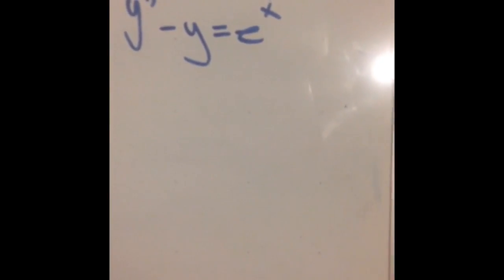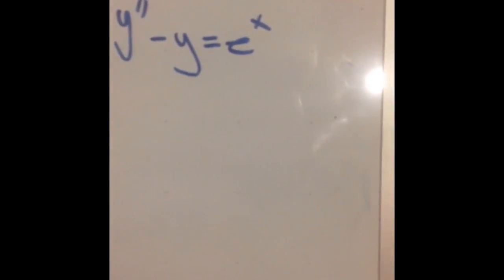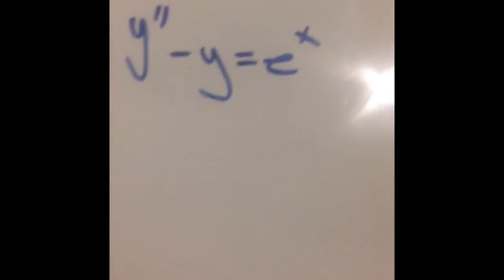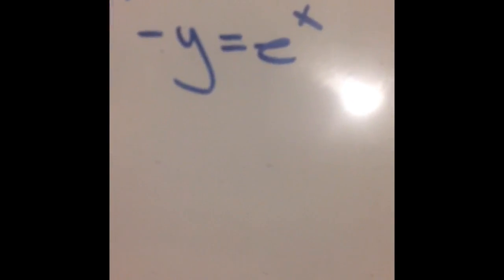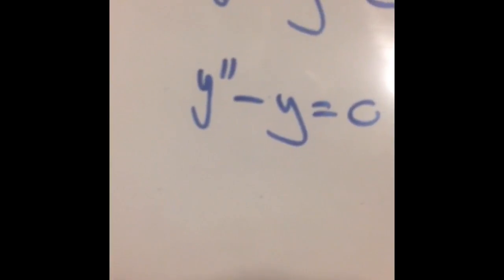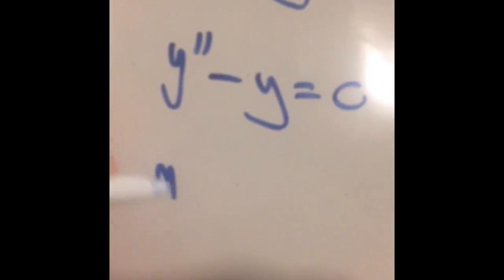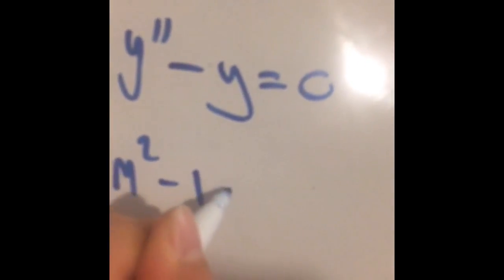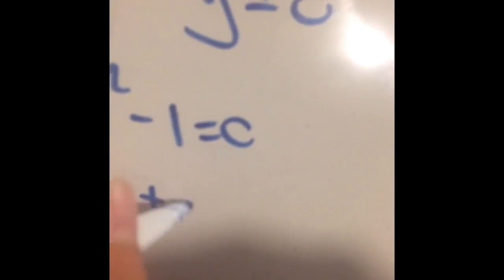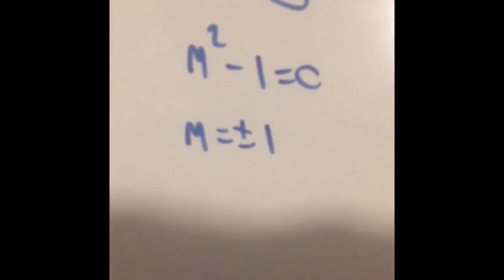Today we will solve the differential equation y double prime minus y equals e to the x. And we're going to use reduction of order to do this problem. To start off, we make this y double prime minus y equals 0, which we then can turn into m squared minus 1 equals 0, so our m becomes plus or minus 1.